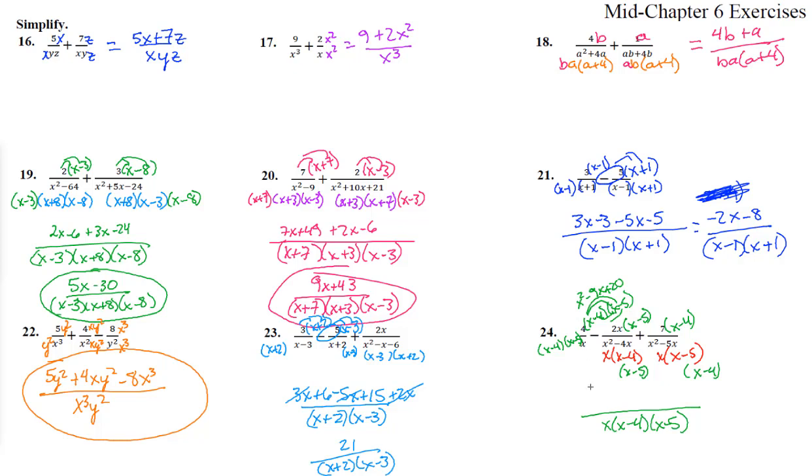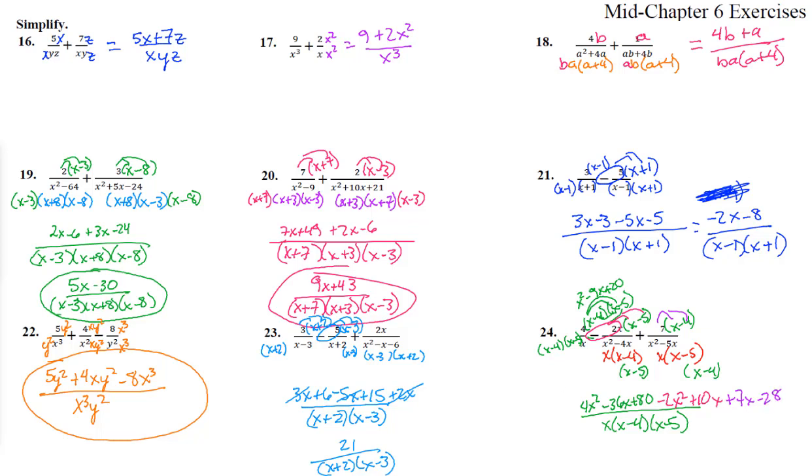And timesing everything by 4, we get 4x squared minus 36x plus 80. Then the minus 2x right here jumping in goes and gives us minus 2x squared plus 10x. And then the last one, a positive 7 jumps in here, and we get plus 7x minus 28.